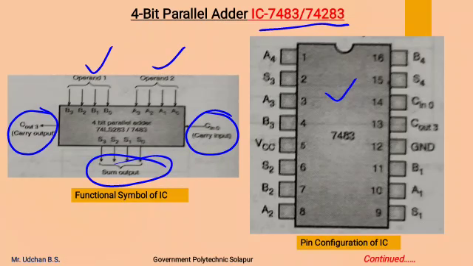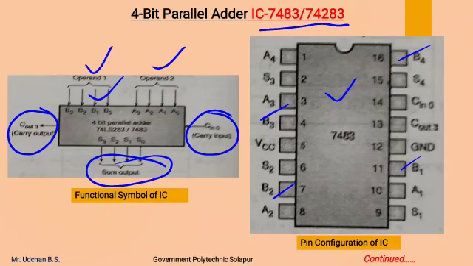This is the pin configuration of IC 7483, which is going to act as a 4-bit parallel adder. Now out of this operand 1, the 4 bits are B4, B3, B2, B1.